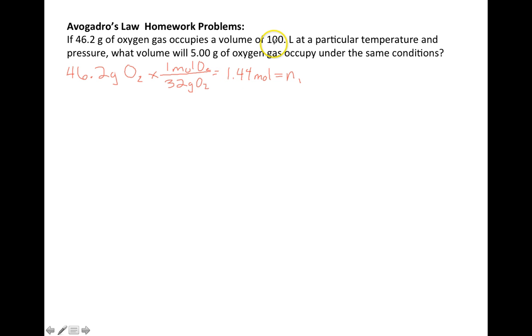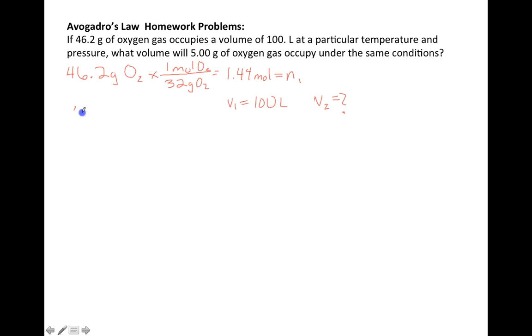We also have a volume of 100 liters, so we know that V1 is equal to 100 liters at a particular temperature and pressure. What volume will 5 grams of oxygen gas occupy under the same conditions? So V2 is going to be our unknown. That's the thing we're looking for. And we're going to have to, again, convert 5 grams of oxygen gas.